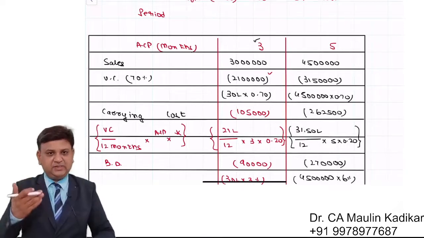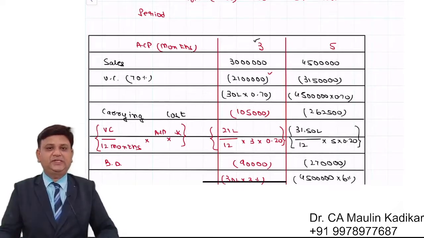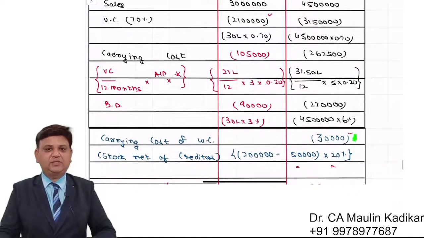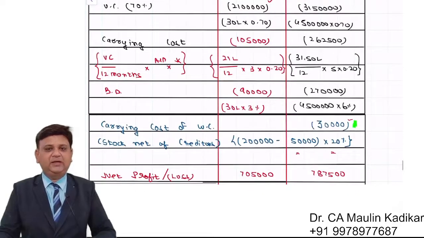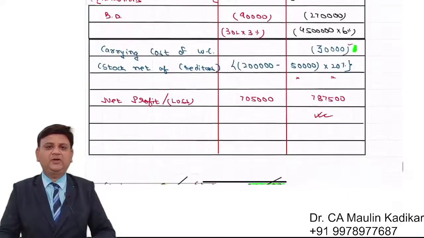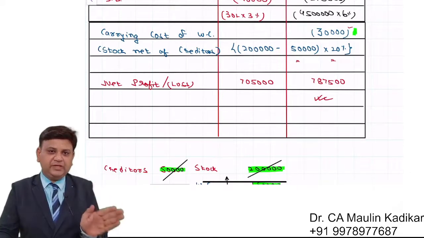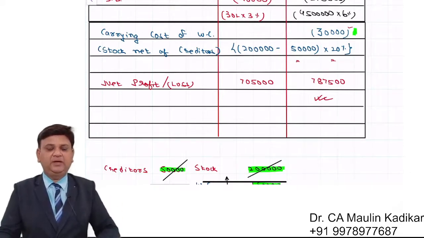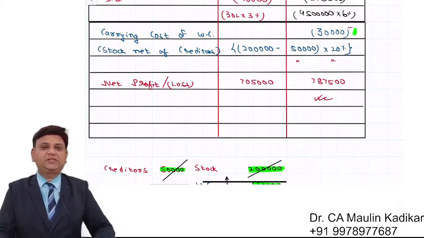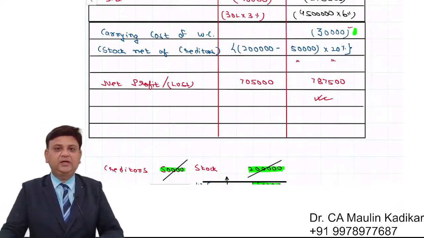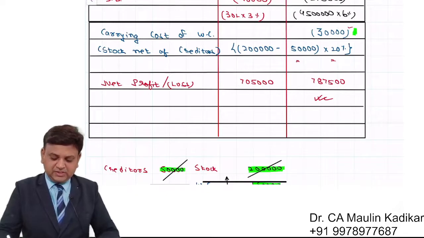For 3 months and for 5 months: sales, variable cost, carrying cost, bad debts, and very importantly, carrying cost of the additional working capital. Whatever additional investment we are making could have been invested somewhere else, and the amount of 30,000 rupees is required to be recovered from the new credit policy.